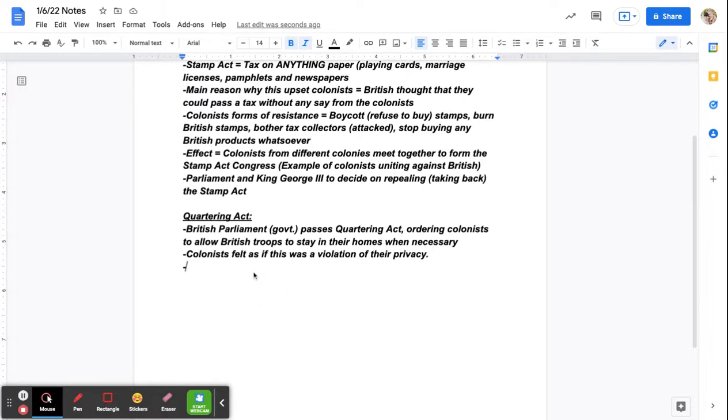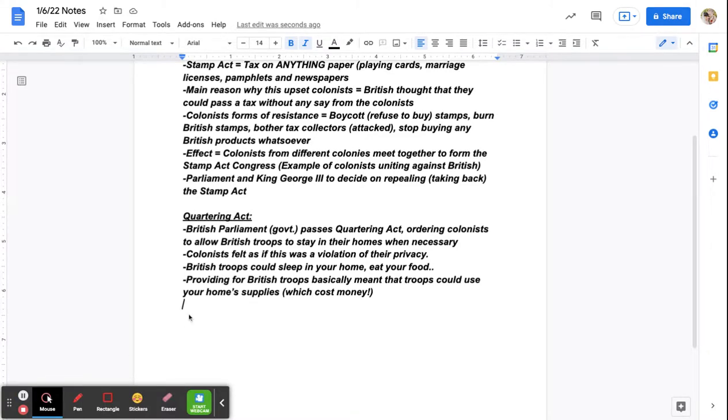Not only did you have to provide a bed for these British redcoats, but also British troops could sleep in your home, eat your food. Basically, you had to give them whatever they needed. And it was very frustrating for colonists to have to accommodate for British troops' needs.